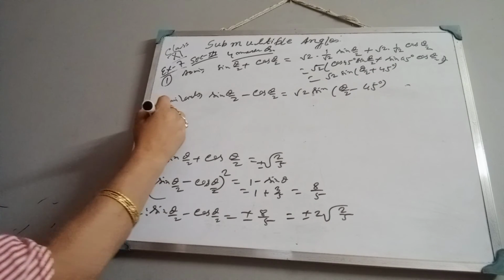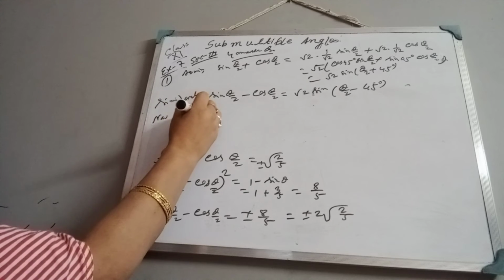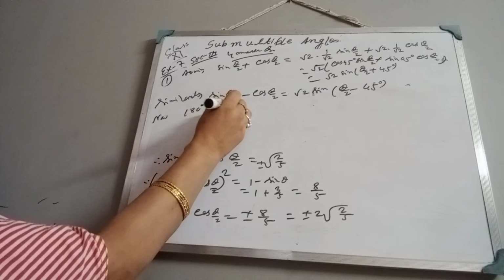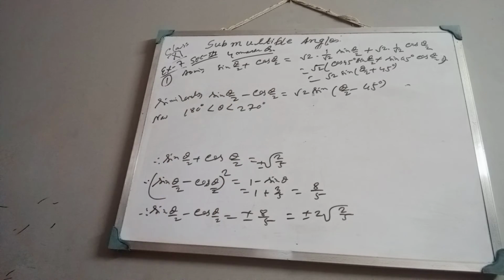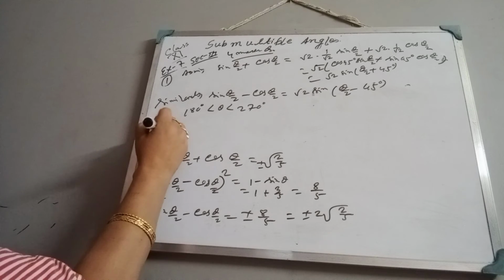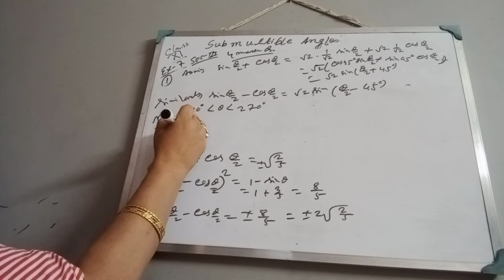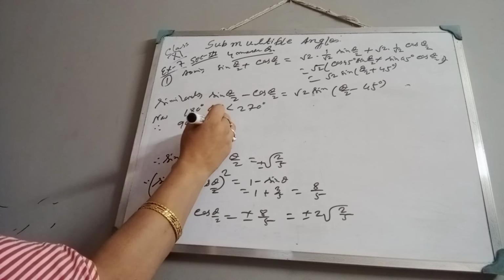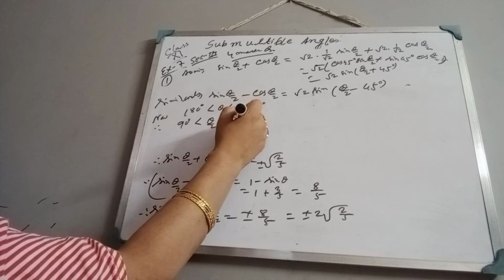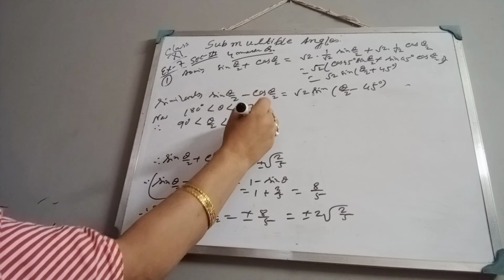Now 180 degree less than θ less than 270 degree. This is given to us. Therefore 90 degree less than θ/2 less than 270/2, that gives us 135 degree.